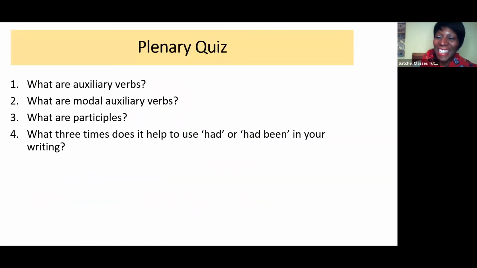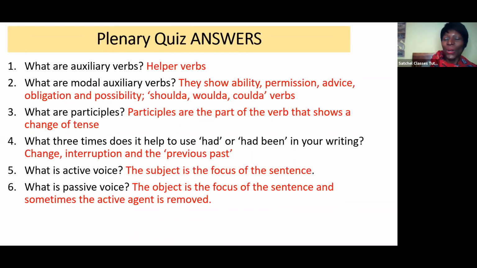So that is it. We have covered auxiliary verbs, we've covered modal auxiliaries, we've talked about participles, and we thought about had and had been. So here are the answers. What are auxiliary verbs? They're helper verbs. What are modal verbs? They show ability, permission, advice, obligation, and possibility. They're shoulda, coulda verbs. What are participles?